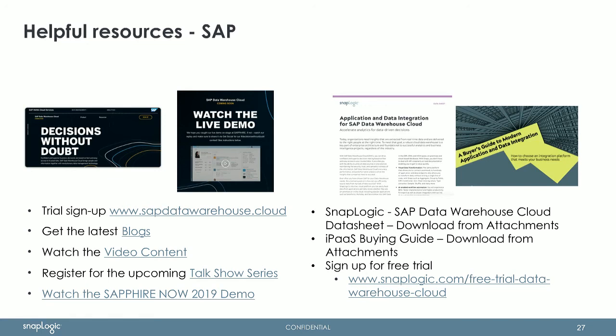Then there were two questions around Data Warehouse Cloud and SAP Analytics Cloud, whether they're competitors. I would actually say that they are best friends, right? If you have one system and maybe you just want to do some blending of data, then SAP Analytics Cloud is the way to go.